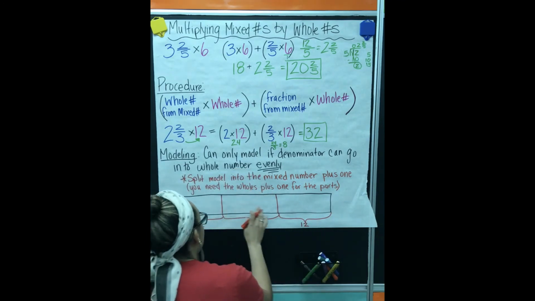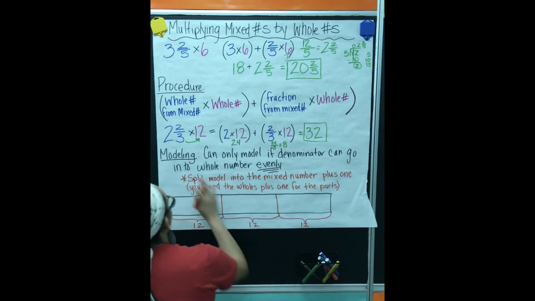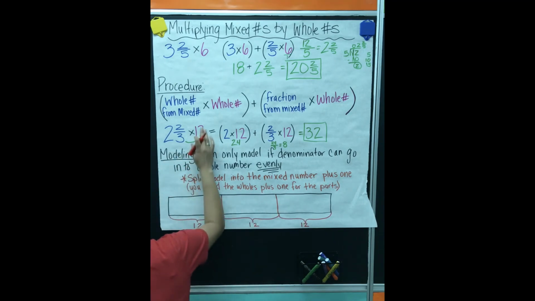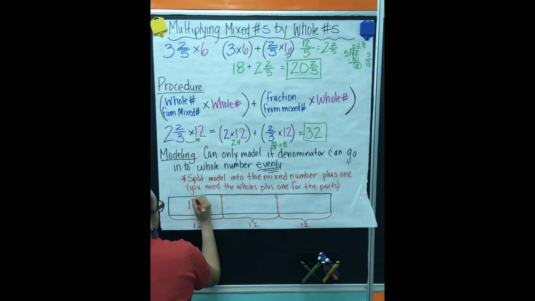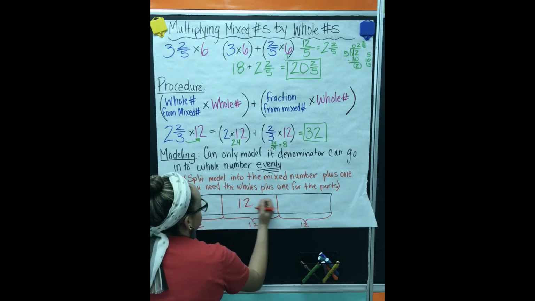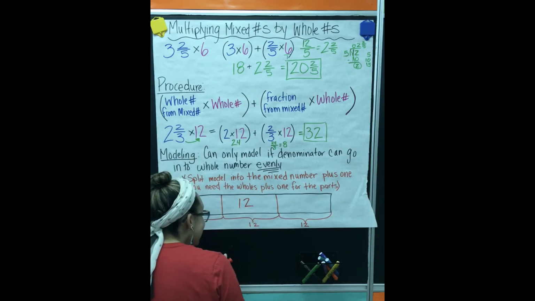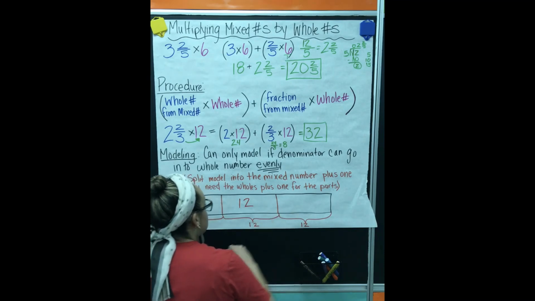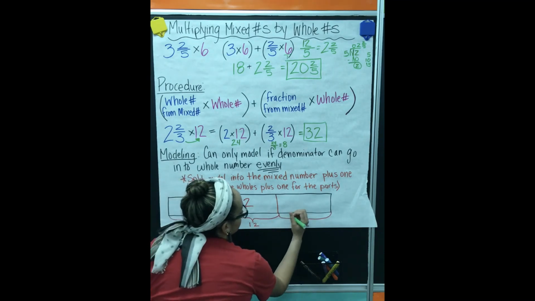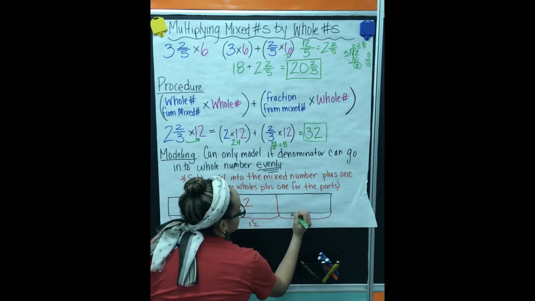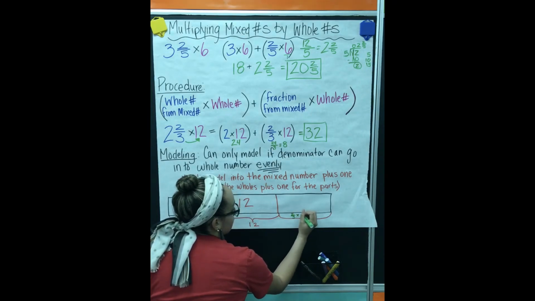So we're going to have 2 wholes and a part of a whole. We're going to have 2 wholes, which means how much is each whole worth? 12. And then we're going to have part of a whole. In this portion right here, this is going to be our 2/3 times 12.